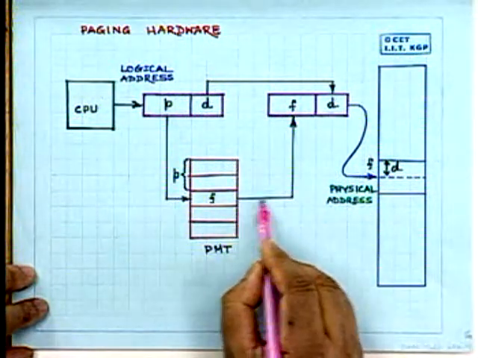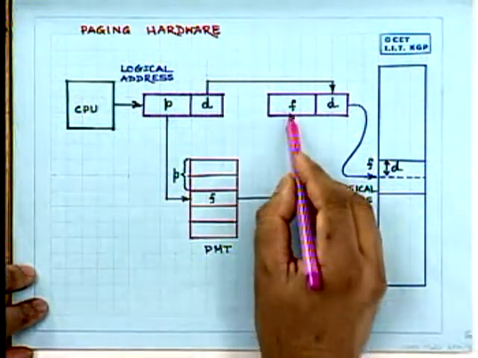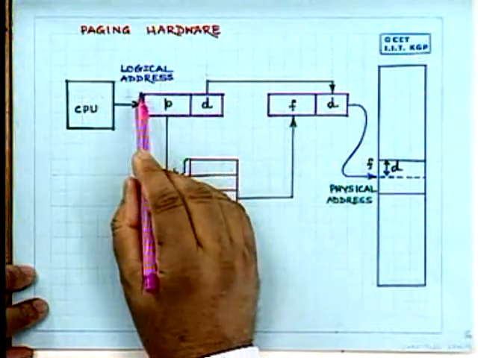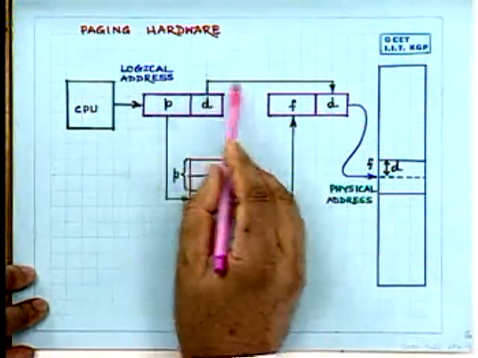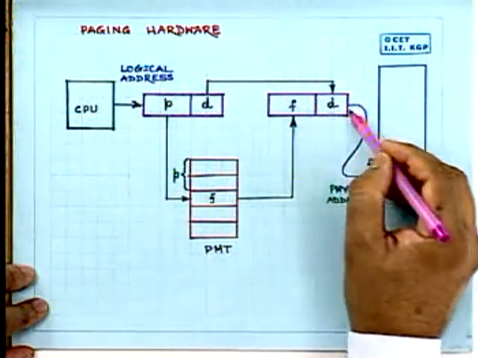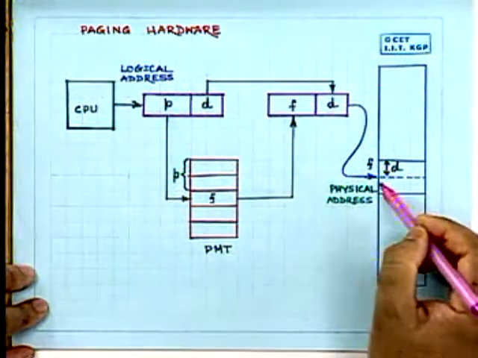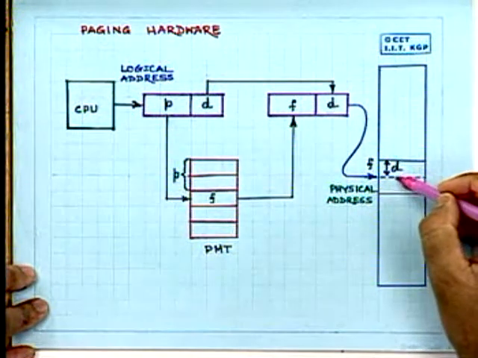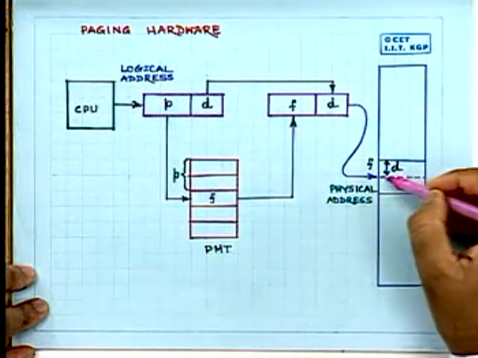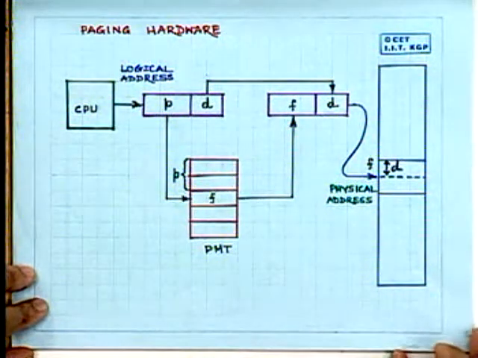The frame number is output. That frame number replaces the page number in the logical address to make it a physical address. The displacement remains the same, and with that physical address, we go to frame number F and displacement D to access a particular memory location.